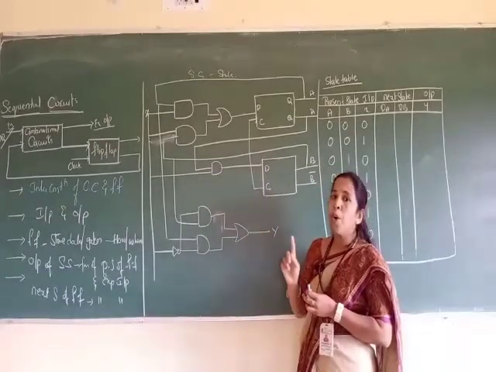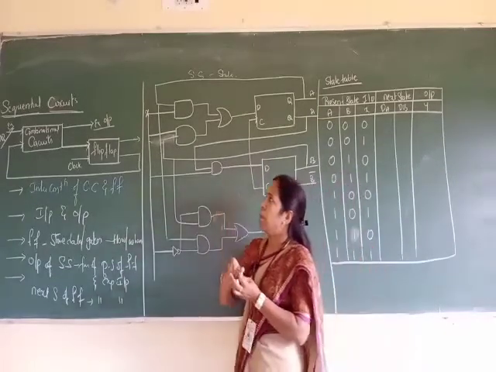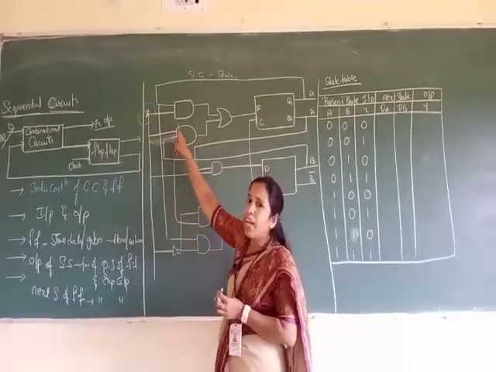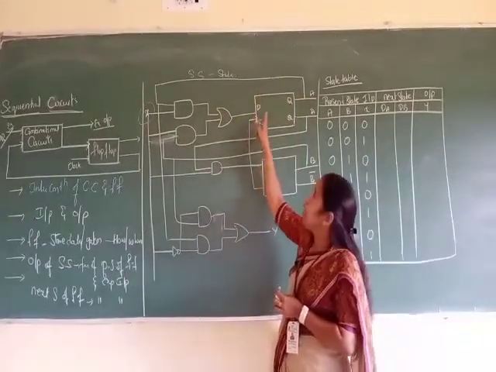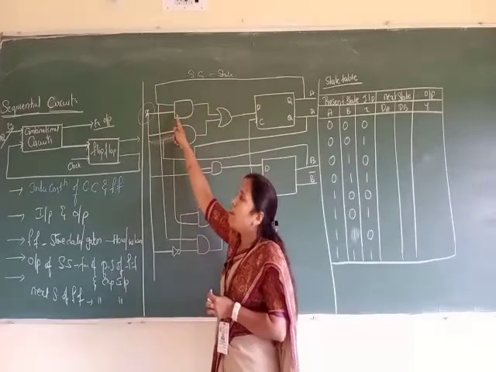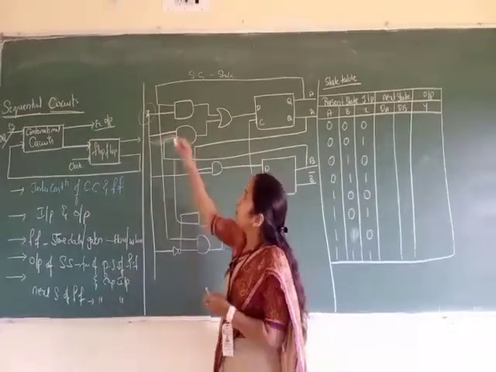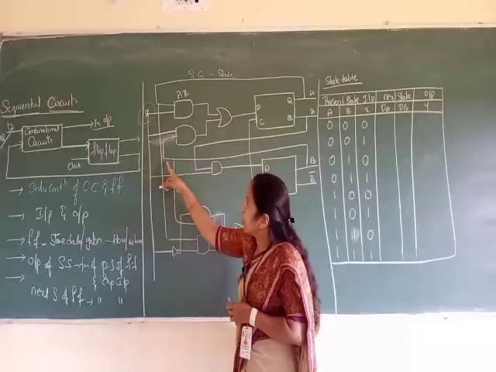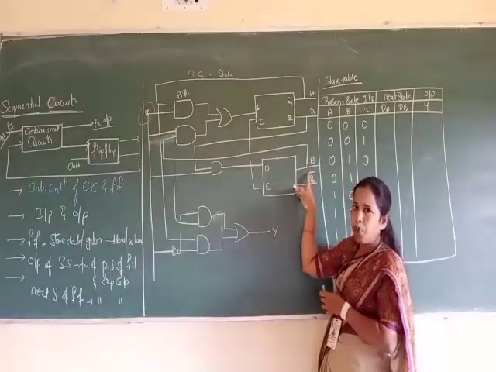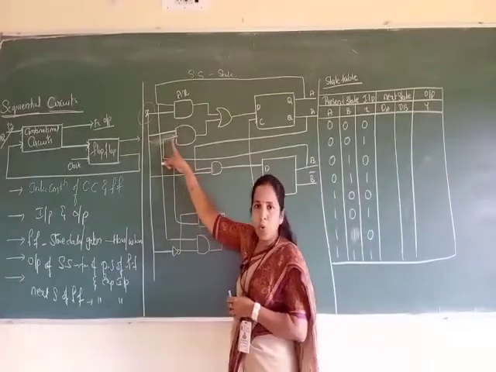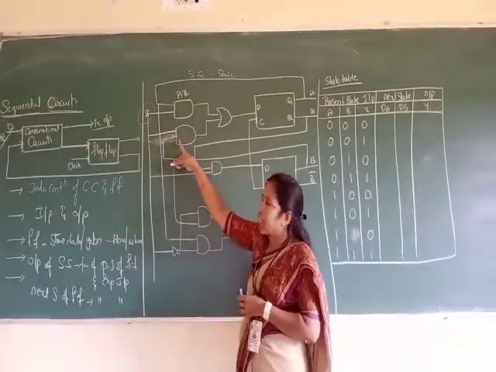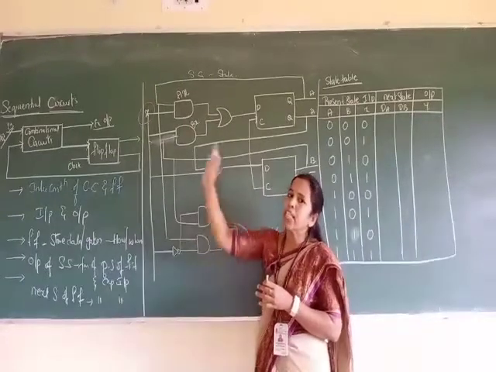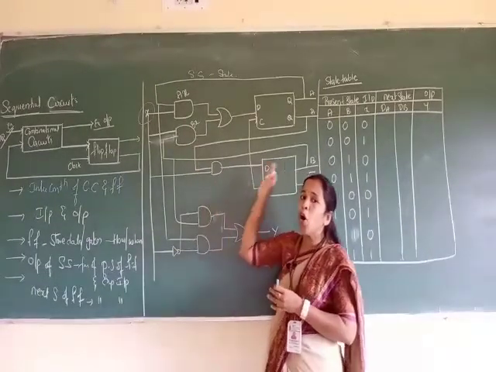There I told you the combinational circuit will get the input from the external input, which here is X, and it also gets the input from the output of the flip-flop.